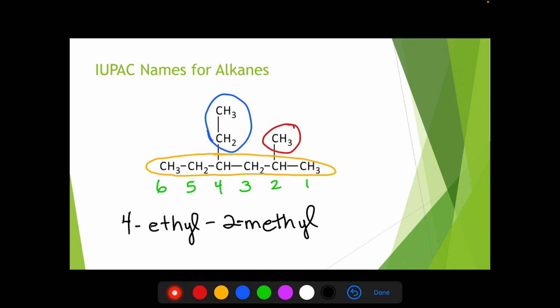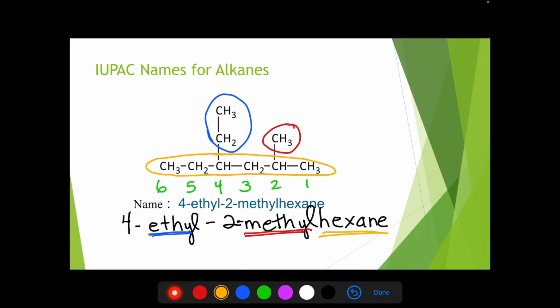Methyl, and this entire thing is a hexane. A hexane, and you'll notice there's no dash, there's no comma in there, it's just all one word. So again, this is my 4-ethyl, this is my 2-methyl, and this entire thing is a hexane. 4-ethyl, 2-methyl hexane.